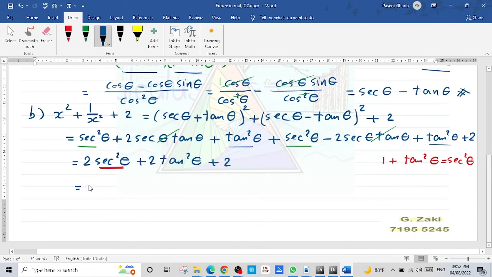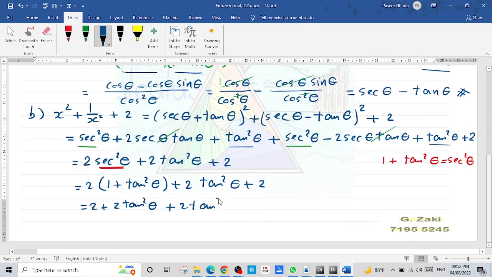So this equals 2 open bracket, replace sec squared by 1 plus tan squared, close bracket, plus 2 tan squared theta, all plus 2. Expand the bracket: 2 plus 2 tan squared, plus 2 tan squared theta, plus 2.